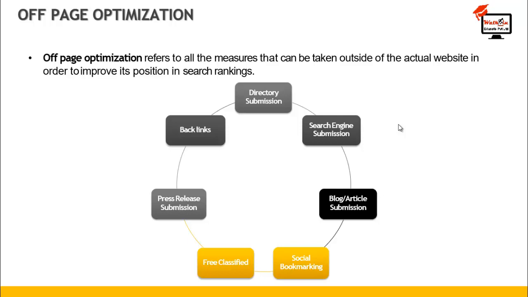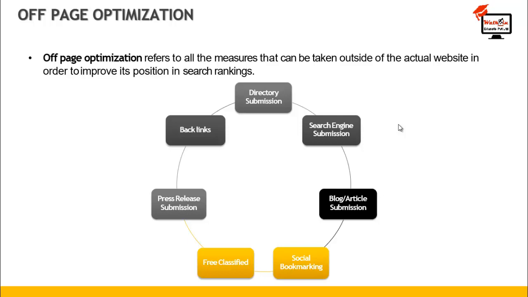So where exactly are we working? We are working at different places, that is directory submission, search engine submission, blog article submission, social media networking, bookmarking. So what does this mean? The basic understanding is promoting our website on the internet.